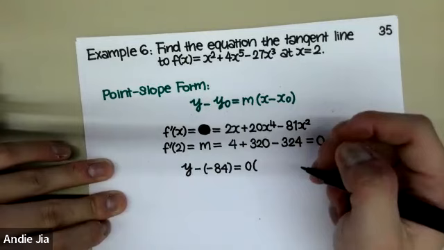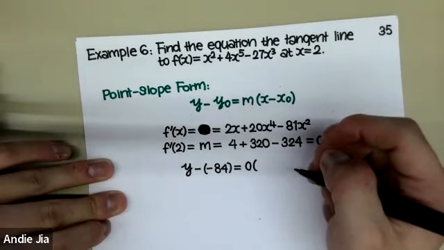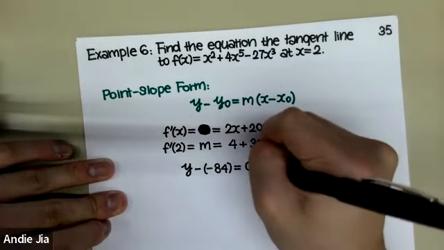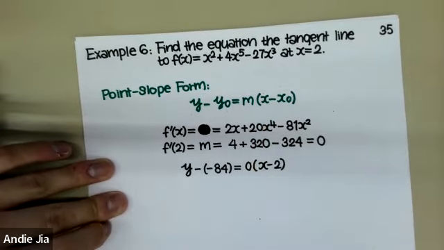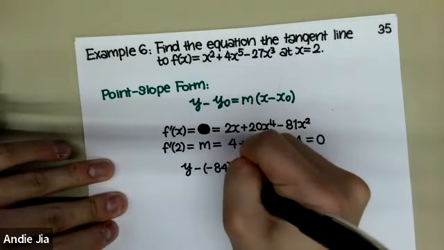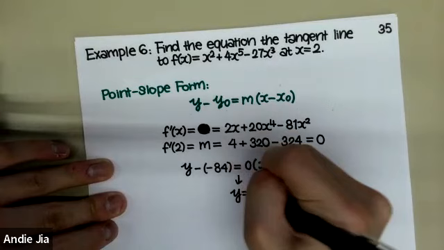So y minus y0 equals 0 times x minus 2. Actually, y equals negative 84 is the tangent line. In this case it is just y equals negative 84.